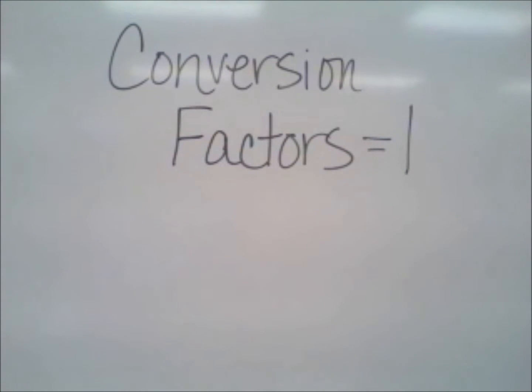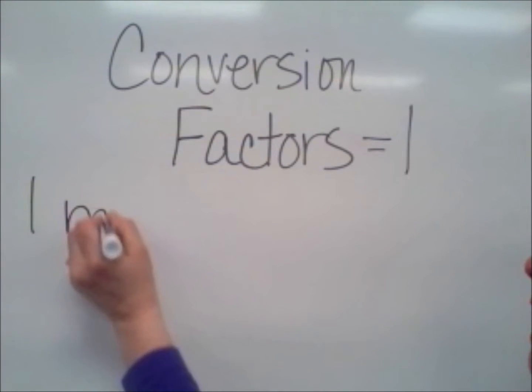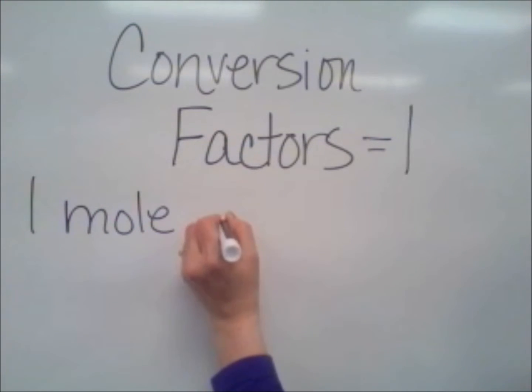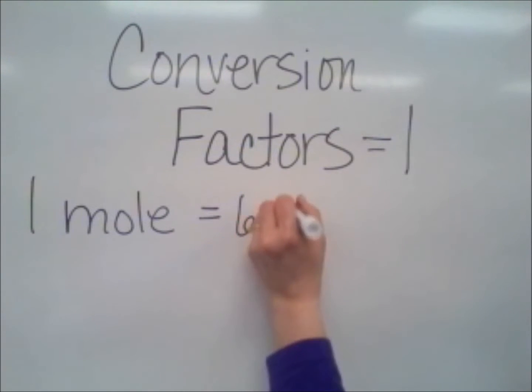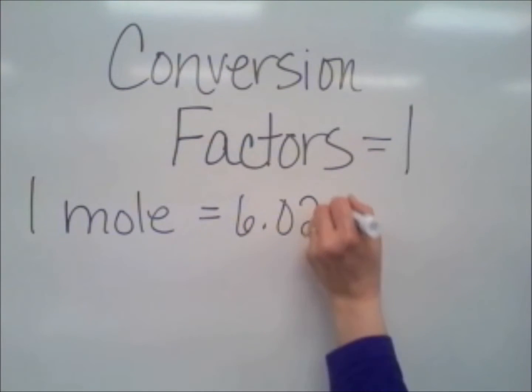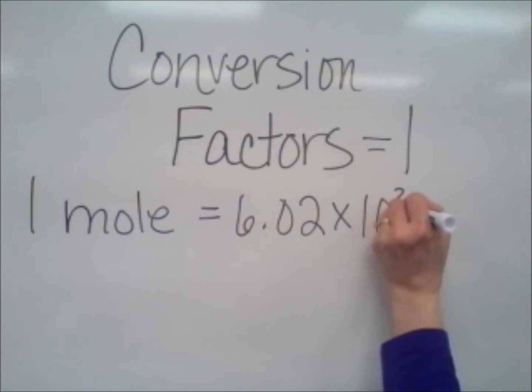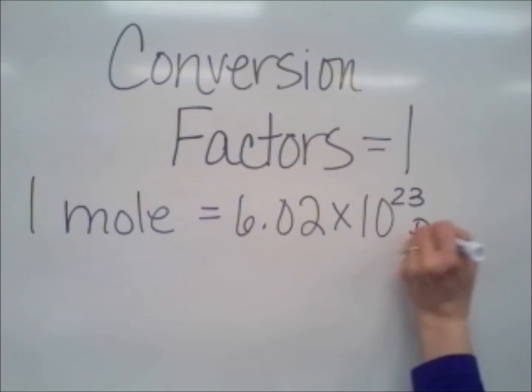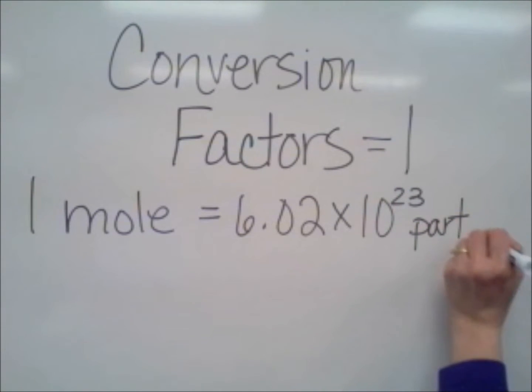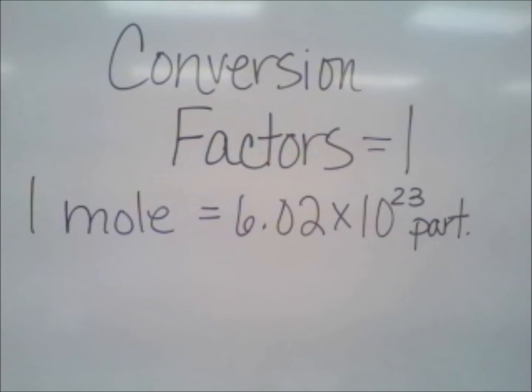So the 2 pieces of information that we're going to use for our conversion factors are the following. First of all, we know that if we have 1 mole of any substance, it is equal to 6.02 times 10 to the 23rd representative particles of that substance.